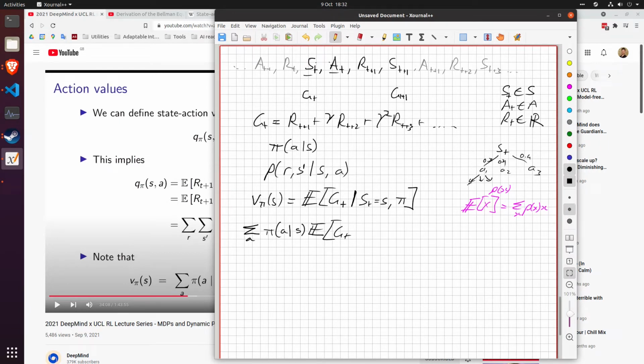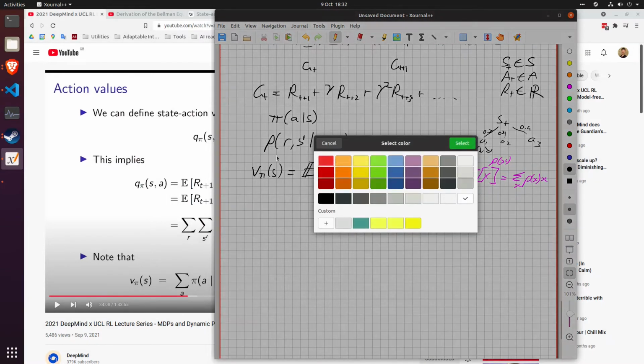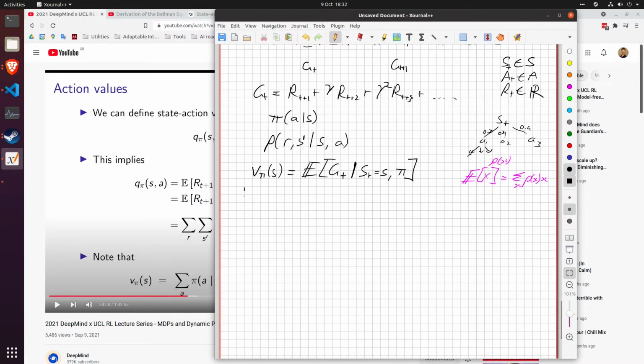Let's see. I did miss a step here. One more step here is that I can expand this out as the expectation value of, and then we can write this out here. So what's the definition of G_t?